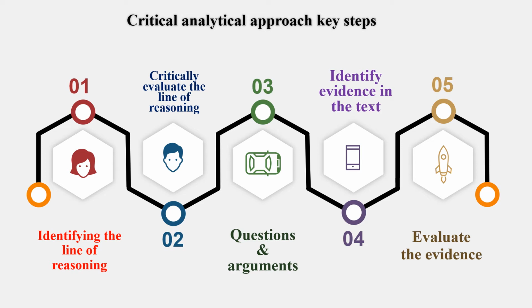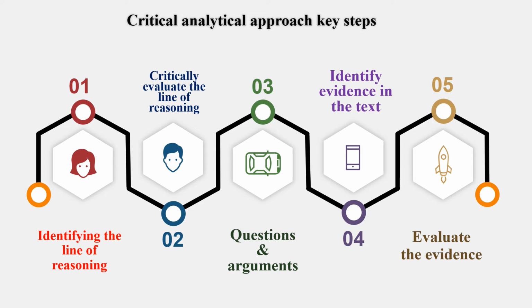The first step is identifying the line of reasoning: the writer's argument or point of view, and how he or she wants to persuade you inside the text. You need to analyze this line of reasoning very well and put your hand on the key idea, or the message that the writer wants to send to you.